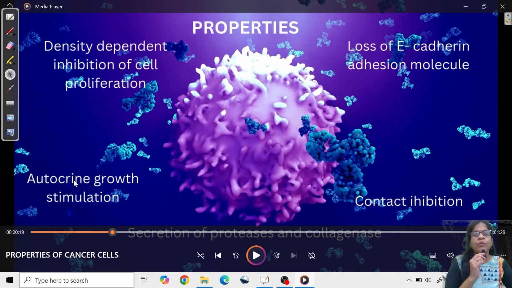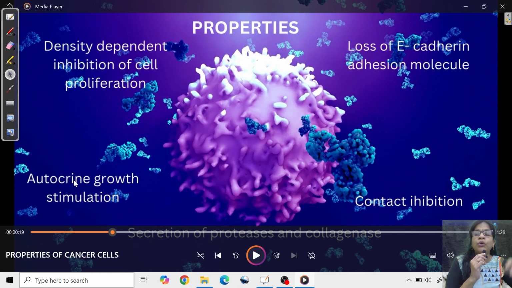If you take fibroblast cells and grow them in a culture, based upon the growth factors present in the serum, they keep on proliferating and multiplying. The amount of cell proliferation is directly proportional to the amount of growth factors. But the tumor cells are not dependent on the growth factors that we provide, because tumor cells have the capacity of producing their own growth factors. They can auto stimulate themselves.